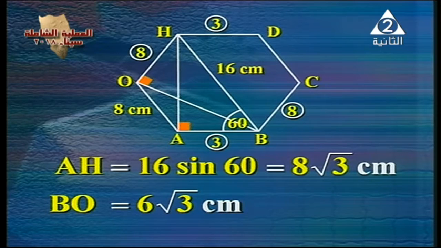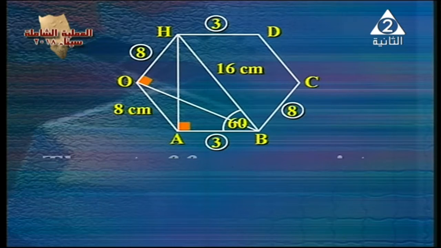BO is 6 root 3 centimeter. Why? Because the angle ABH equals 60 and angle AHB equals 30 degrees.